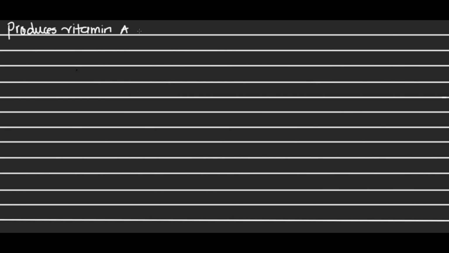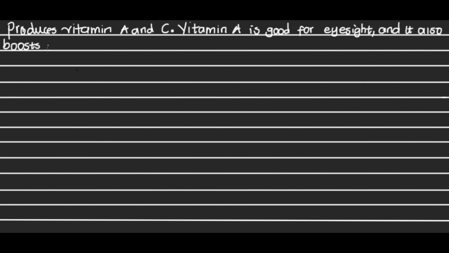So produces vitamin A and C. Then let's look at the importance of vitamin A. So vitamin A is good for eyesight, and it also boosts the immune system.